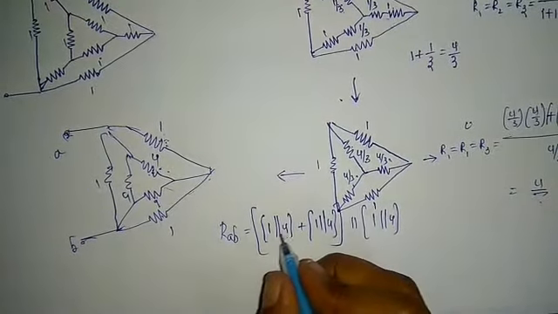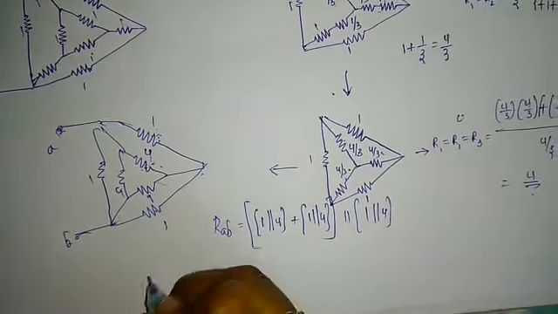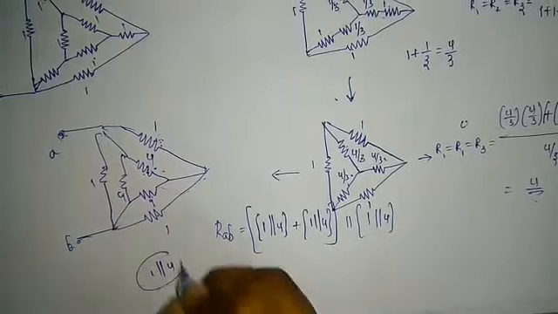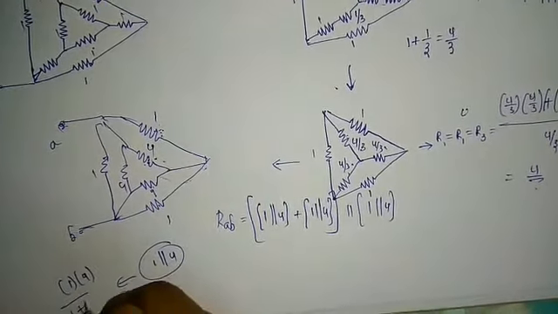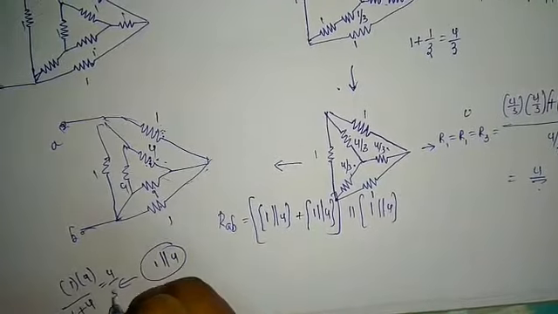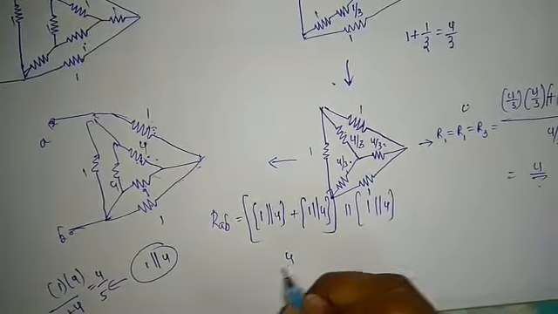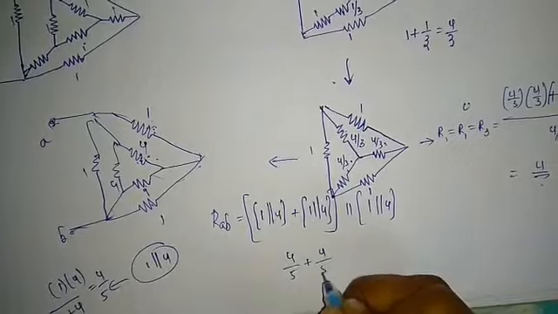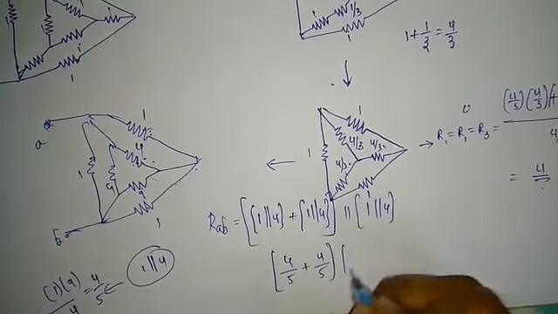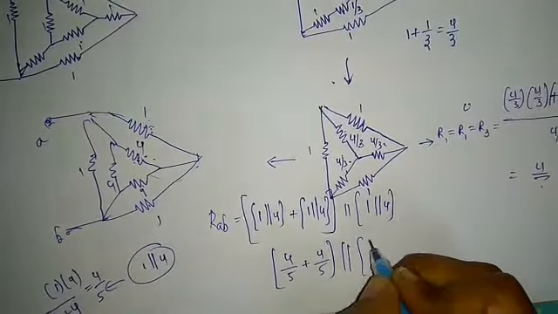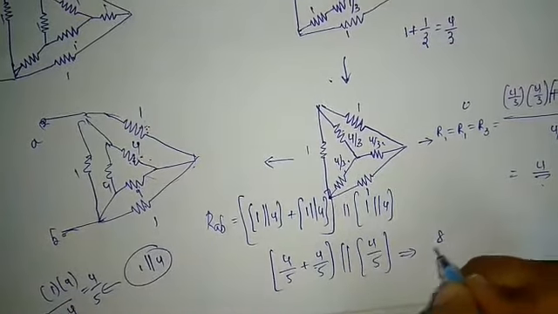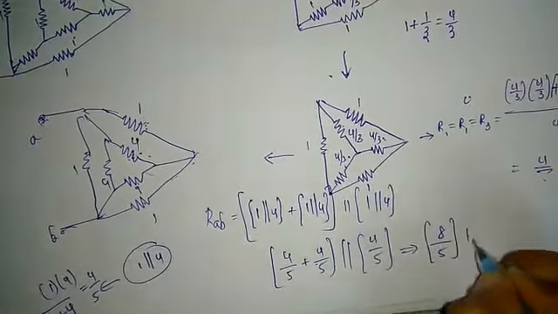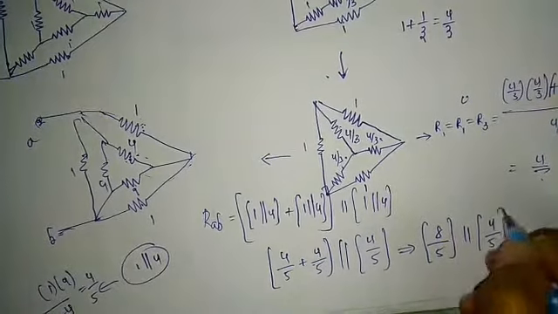When we solve this, 1 parallel 4 will be 1 into 4 by 1 plus 4, we'll get 4 by 5. So 4 by 5 plus 4 by 5 parallel to 4 by 5. Here again 8 by 5 is parallel to 4 by 5.